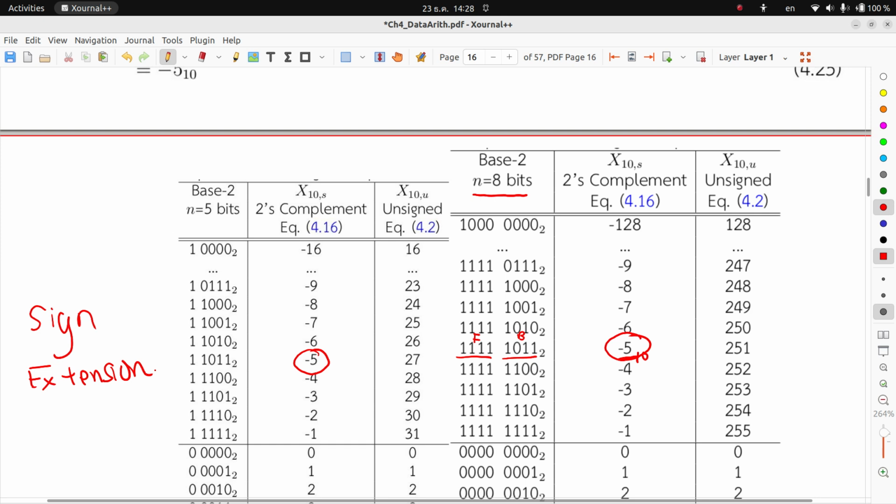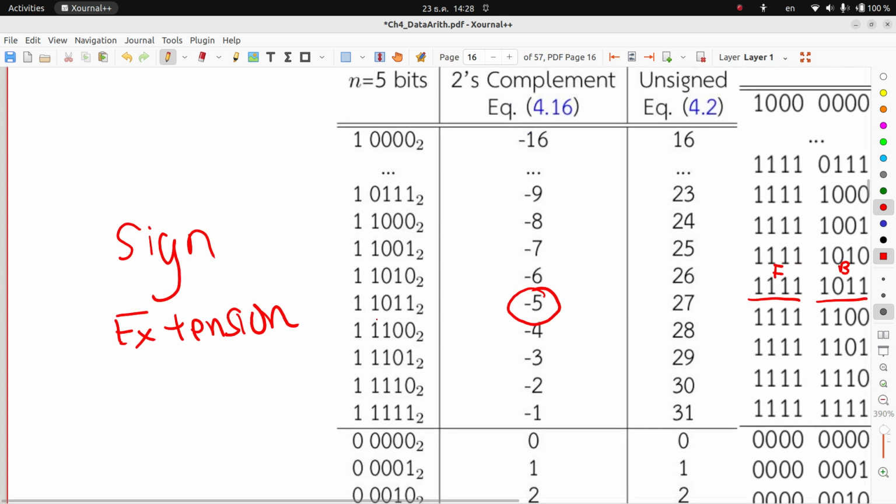You put one more, any number of ones, it doesn't matter. You're going to represent the same base 10 number, minus 5.